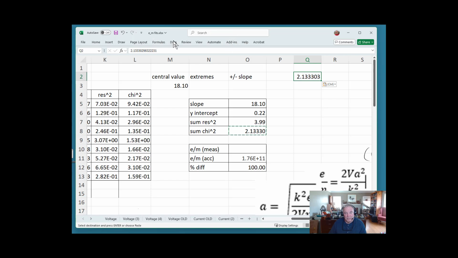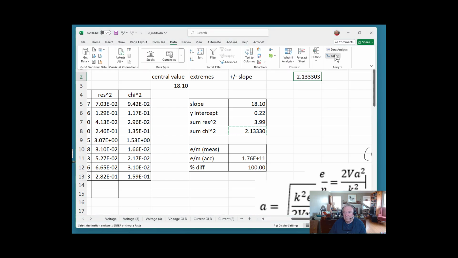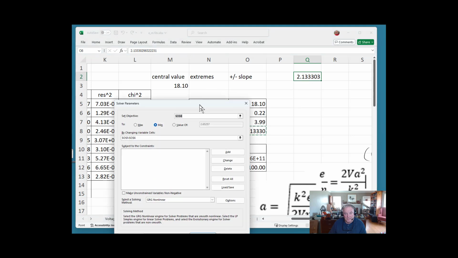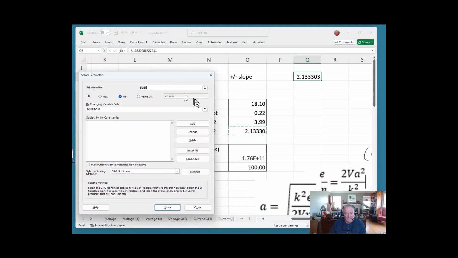So we go to Data, Solver, and now the value of, in this case, that would be 3.1333, because we're adding 1 to it. I think that is good enough for government work.